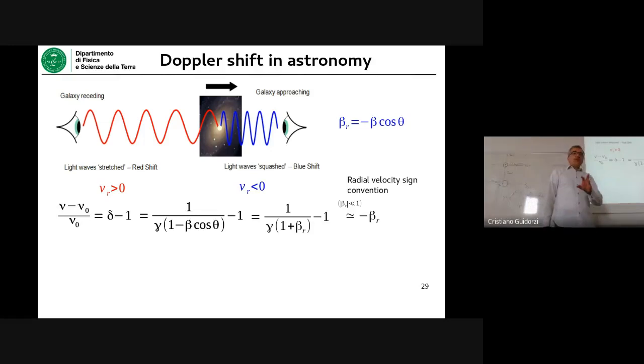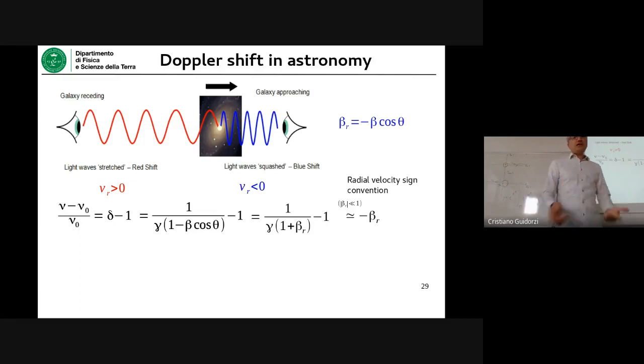Let's have a look whether it makes sense, at least from the qualitative point of view. Well, this is a frequency shift. When the frequency increases, it means that somehow the source is approaching. So when delta nu is positive, the source is supposed to be approaching.